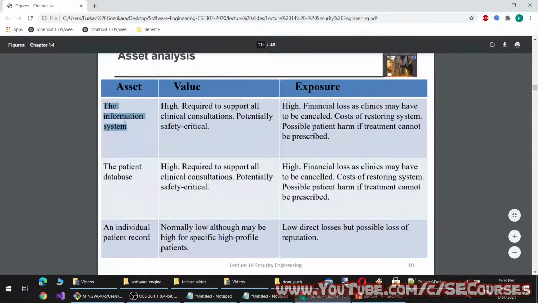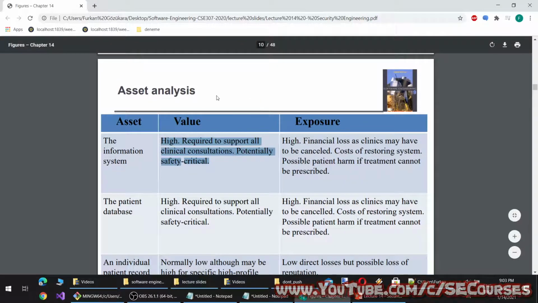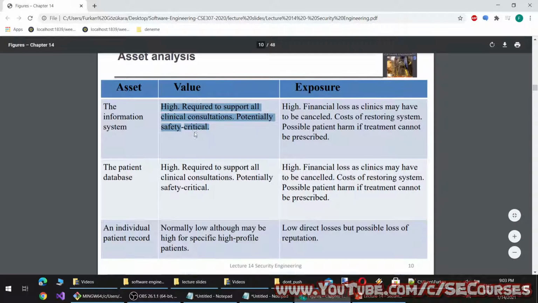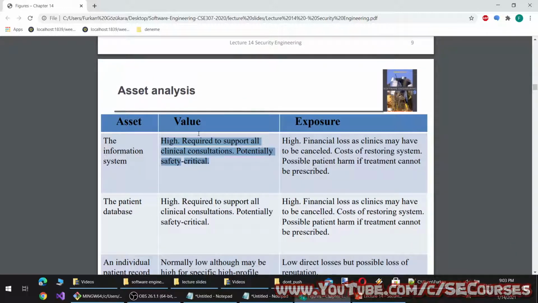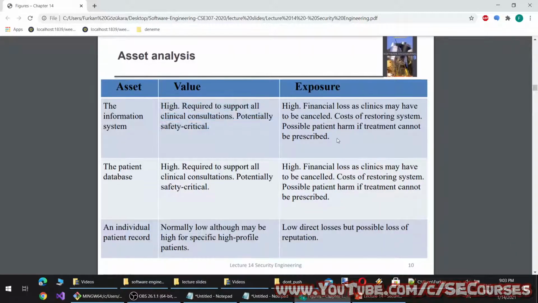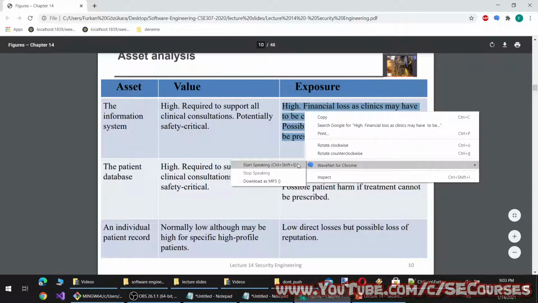So, asset analysis: there is an asset column here, the value of an asset, and the exposure, what happens. The information system itself as an asset: the value is High. Required to support all clinical consultations. Potentially safety critical. So this is the asset analysis of a mental healthcare system. What happens if the information system asset gets exposed?